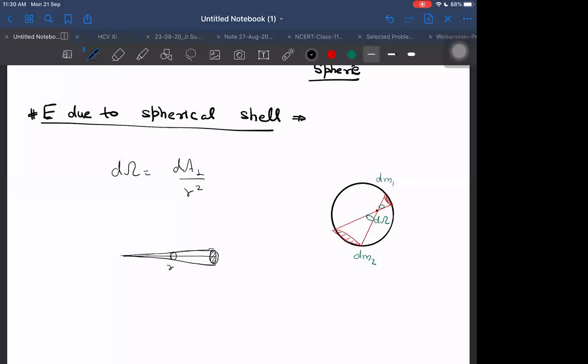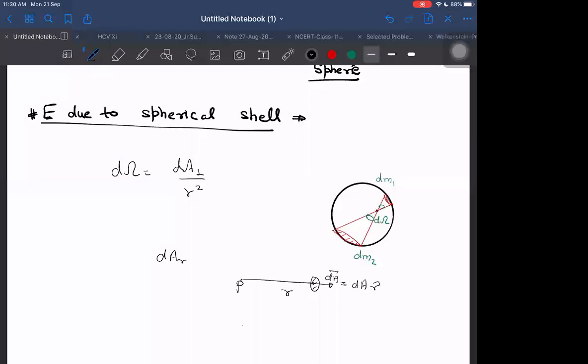If I want to do it for a larger area, then I will have to go by this method. I can say it this way also, dA along the radial direction. If I have a point here and from there I go at a distance r, the dA vector will have magnitude dA and a direction. So it is just the component of dA along the radial direction.